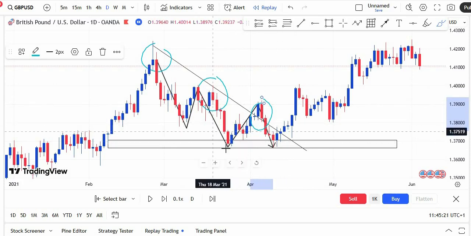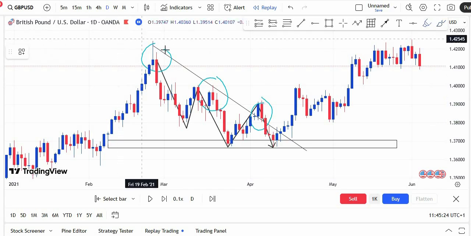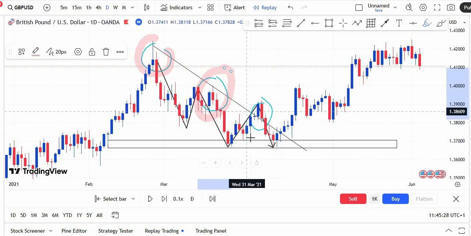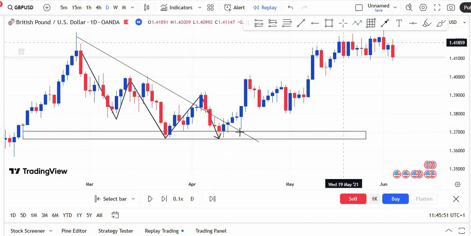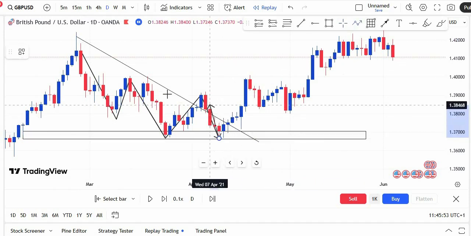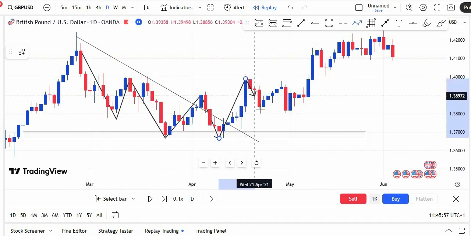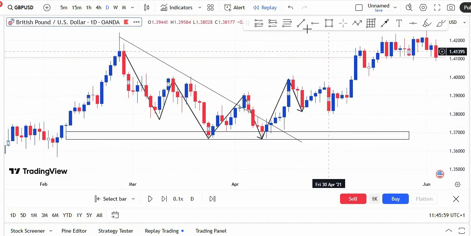The valid touches are only two, which are this and this. As you can see, the market will break the trend line, which causes us to have a change of character to the upside.